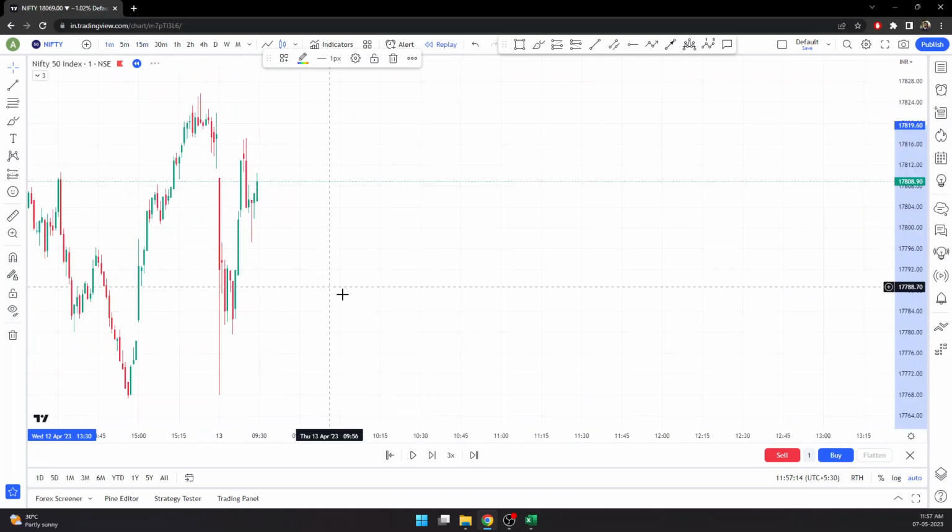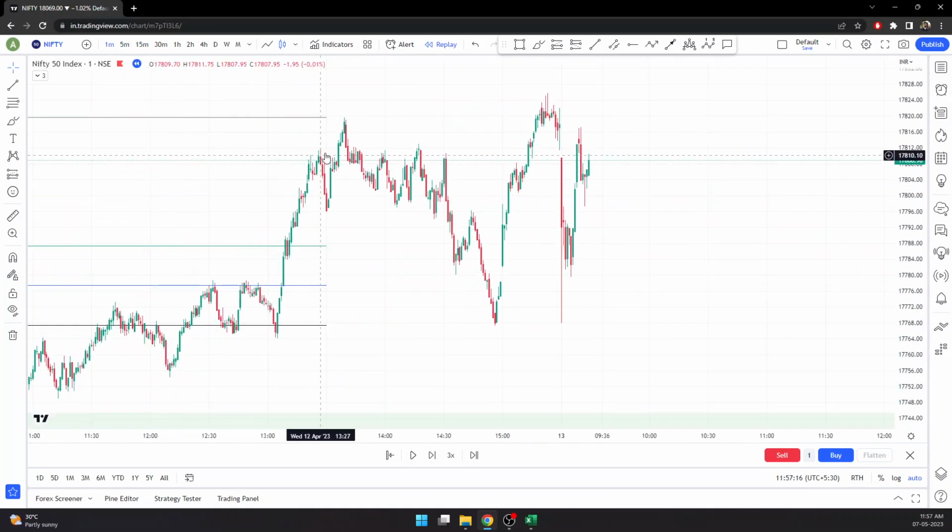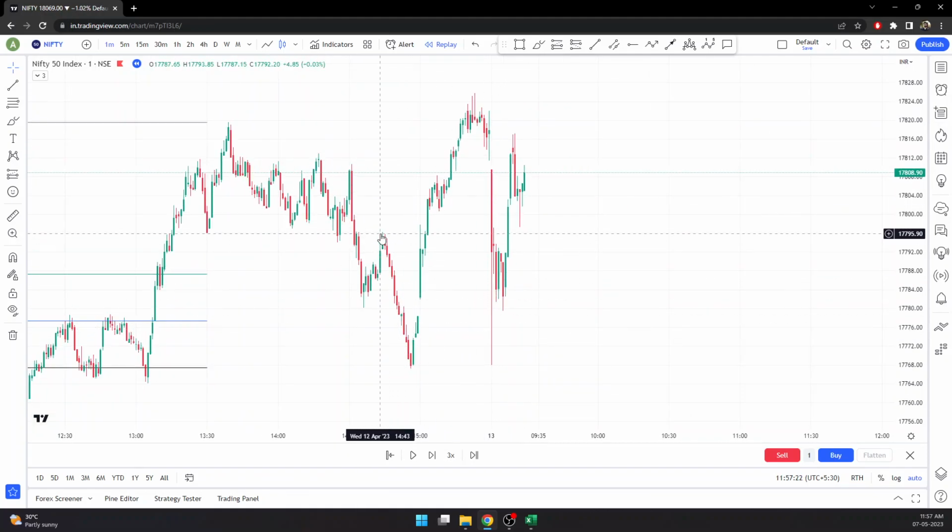The market did come back to this 50% level. We can see some strong closing above this, but it is after 2 o'clock. So this trade does not come back, or we do not even see the buying opportunity somewhere here, but we do see a buying opportunity on the next day.